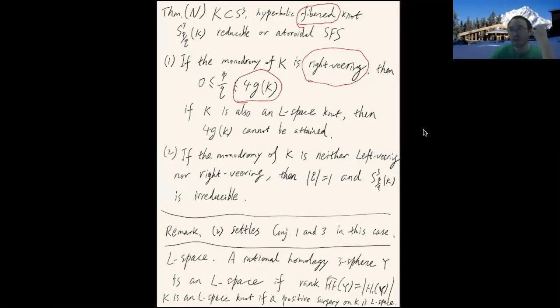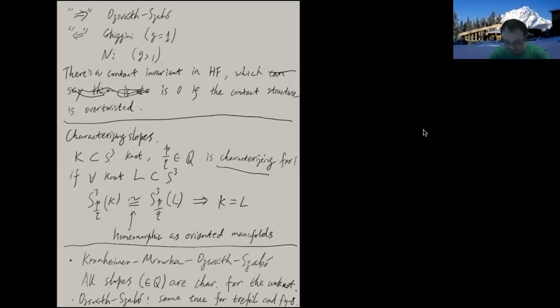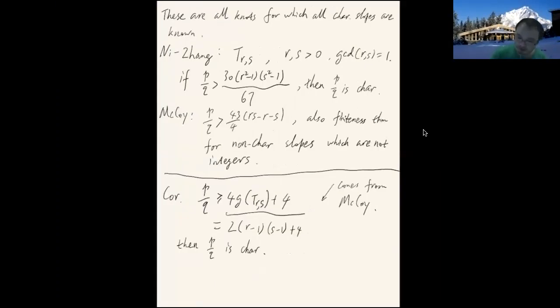Actually, if you work harder, you can probably lower this bound to 4g for most R, S.